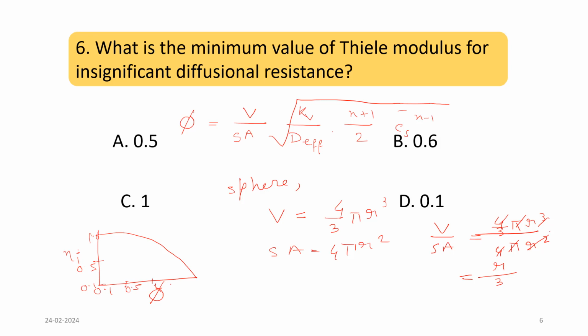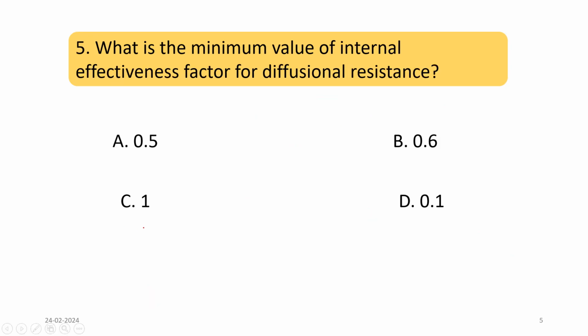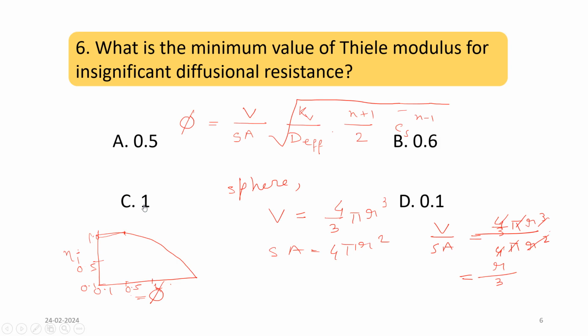For diffusional resistance, the Thiele modulus value is 0.5, so 0.5 will be the right answer. For that 0.5 you can see the effectiveness factor is almost 1. That is why in the previous question the effectiveness factor was 1. I think it is clear.